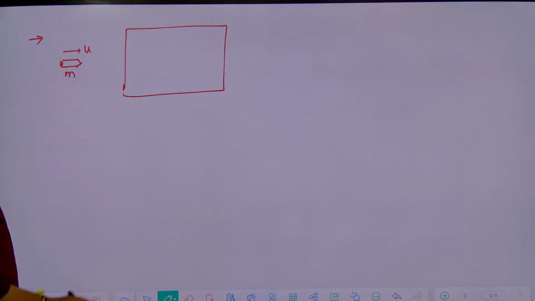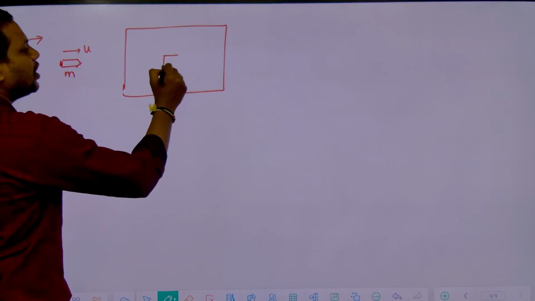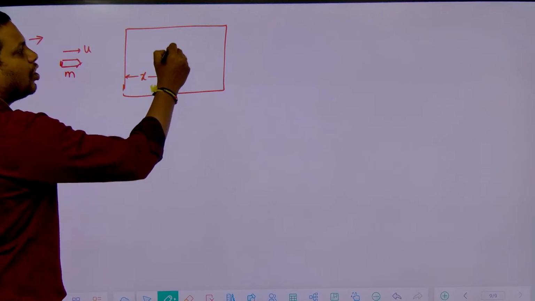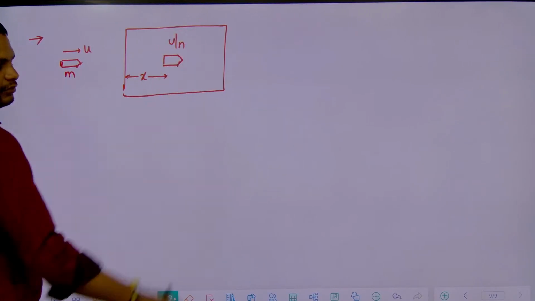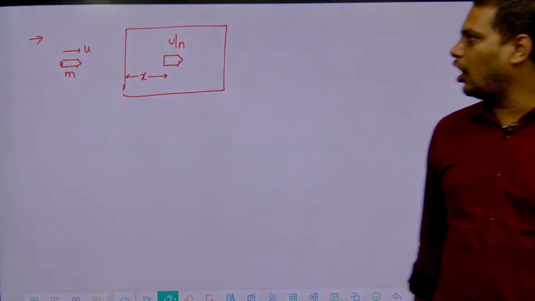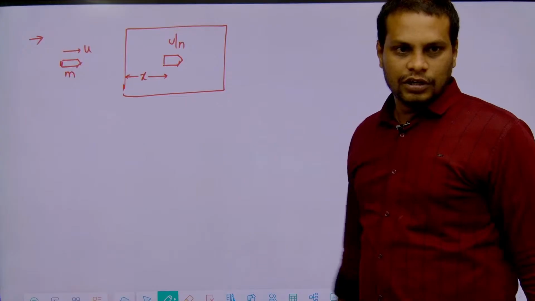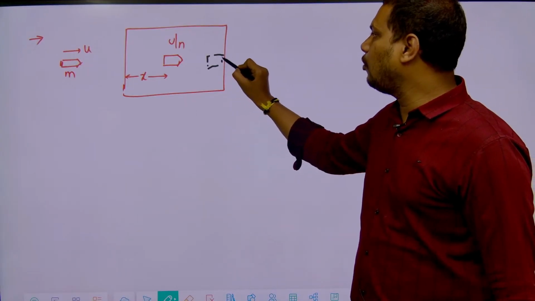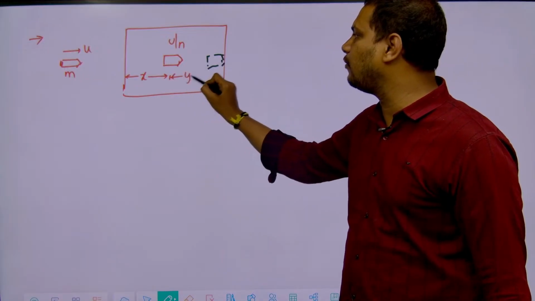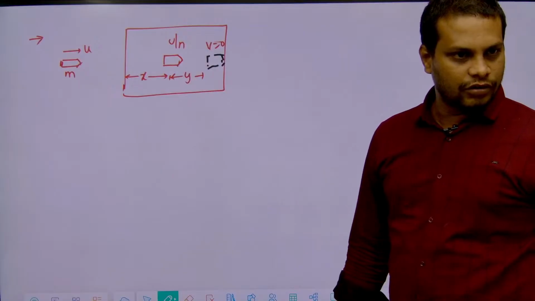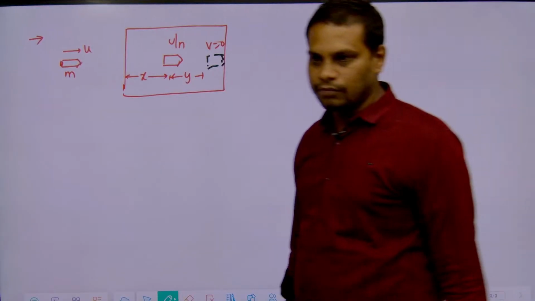After traveling some x distance, velocity becomes u by n. So velocity decreases to u by n. What is the further distance it will travel before it is coming to rest? So write down, that's question number 2.